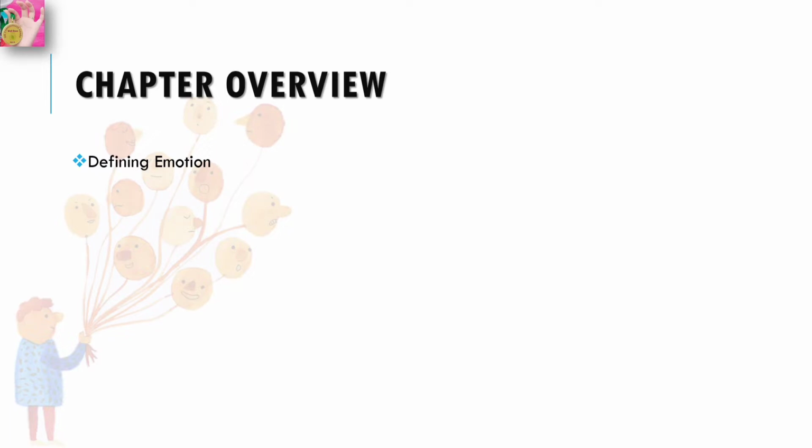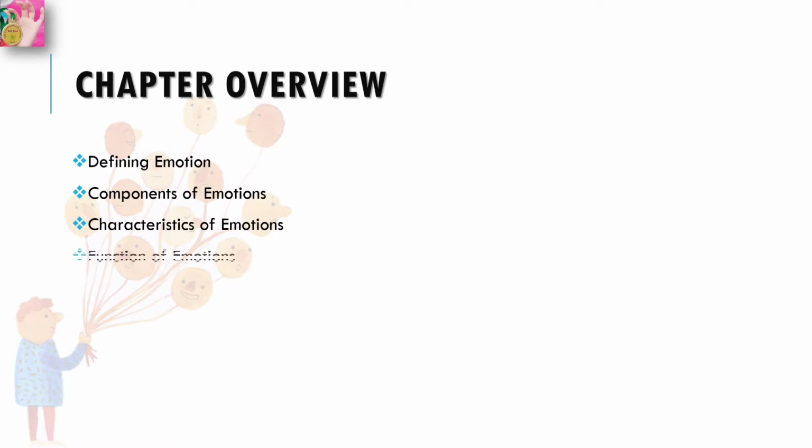This whole thing will be discussed in the topic defining emotion, and after that we will discuss the components of emotion, what type of components are included in emotion, and after that we will move towards the characteristics of emotion, and then we'll discuss the functions of emotion, and after that we will do a discussion on the arousal of emotions, and physiological correlates of emotion will be our next topic.